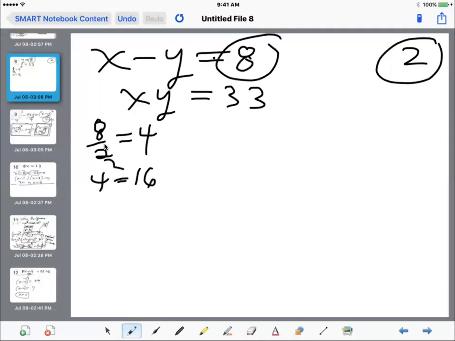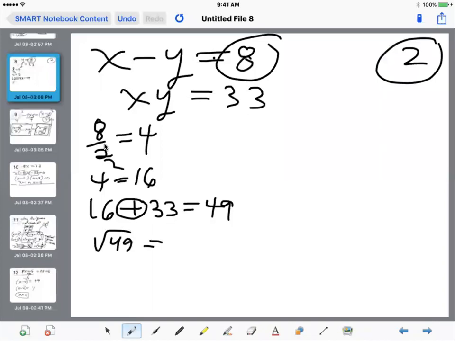But this time, instead of subtracting xy, we're going to add xy. That's the only difference in the process. Now when I take the square root of that, I get 7. And I do 7 plus 4 and 7 minus 4. In this case, it matters that x is the bigger one.